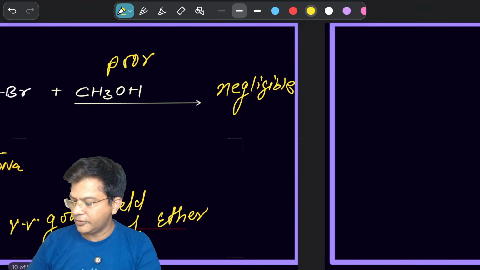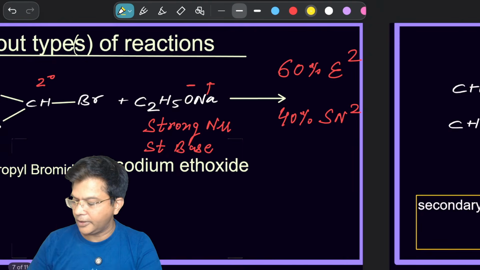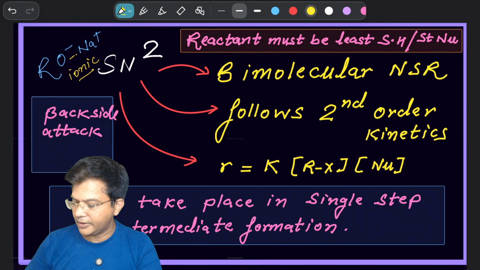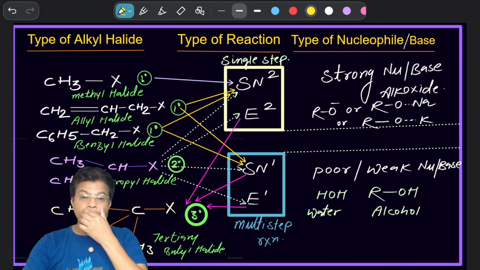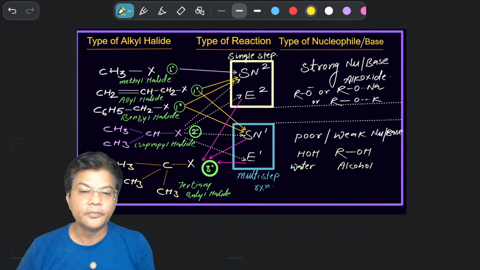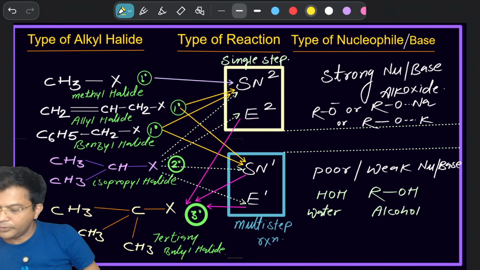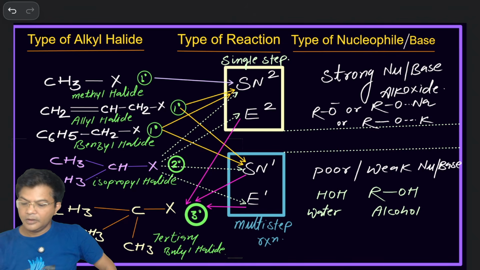Now my dear students, let's reach the table and try to understand the table that I have written. Everyone can understand this table now. 1-degree likes SN2.